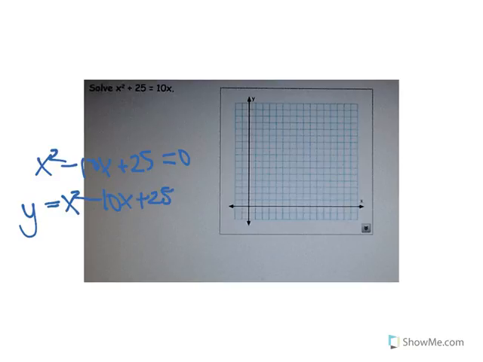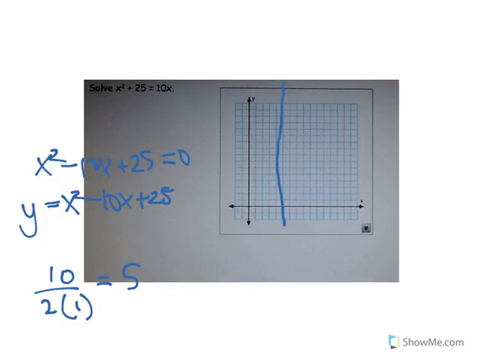And now I'm going to figure out that line of symmetry. It's going to be negative b, so that's going to be 10 because it's negative negative, over 2 times 1, so that's going to be 5. So that's going to be my line of symmetry. 1, 2, 3, 4, 5. So approximately right there is my line of symmetry.